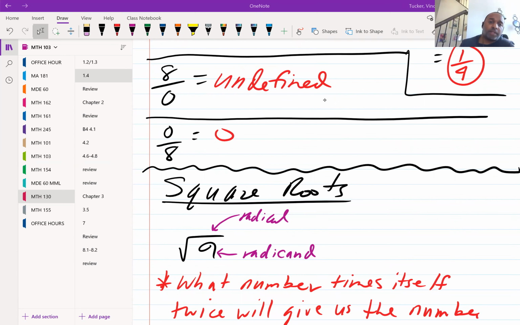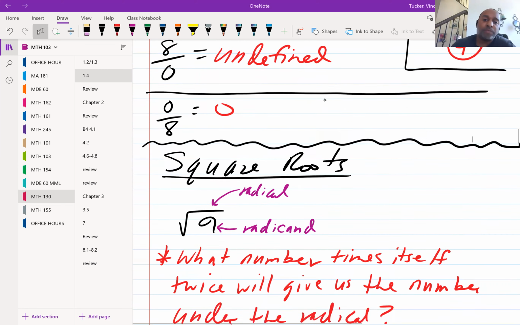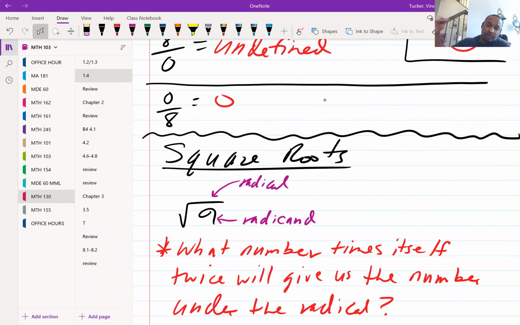So when you're looking at something like the square root of 9, that symbol over the 9 is your square root. We call it the radical. Because as you progress throughout mathematics, it doesn't have to be square root, but you can do cube root, fourth root, fifth root, and so on. So that's your radical. And then what's under the radical is your radicand.